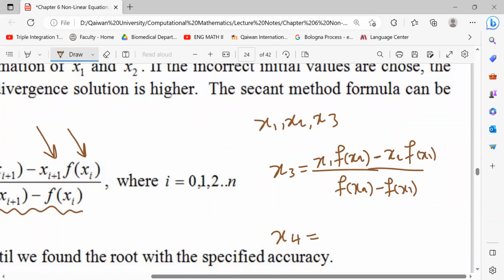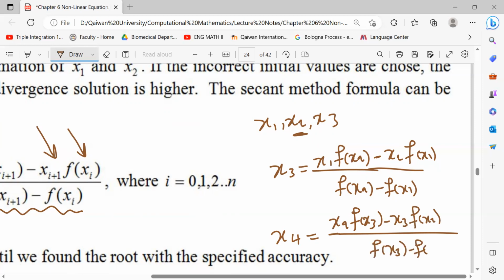We use x2 and x3. How? We say the smaller one times f of the bigger one, I mean the one which has the bigger iteration. So x2 times f of x3 minus x3 times f of x2, all divided by f of x3 minus f of x2.